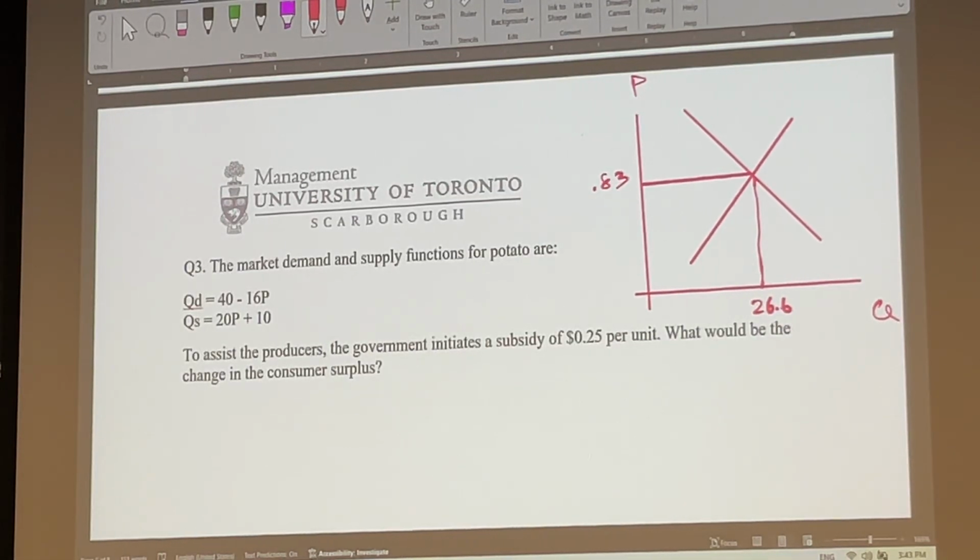So around it. You have a subsidy, so we need the inverse. That's the inverse demand.